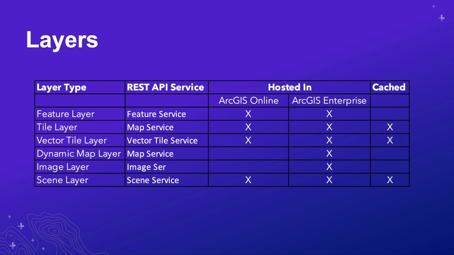ArcGIS Online is, as you know, our SaaS hosted platform, and ArcGIS Enterprise enables you to deploy the ArcGIS platform on premise or in a private or public cloud. It's really a managed infrastructure. As you can see at a high level, ArcGIS Enterprise does offer some additional layer types that aren't supported today in ArcGIS Online. But of course, you still have the powerful services that you can leverage in Online.